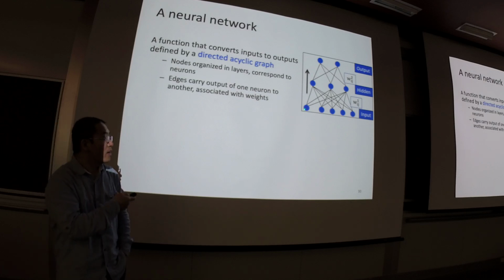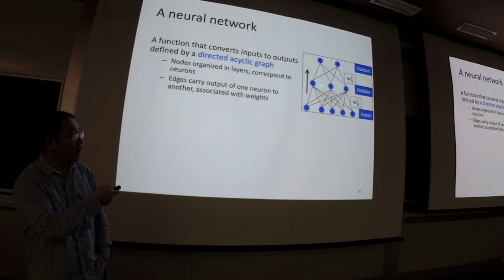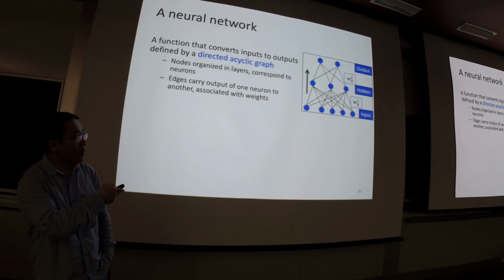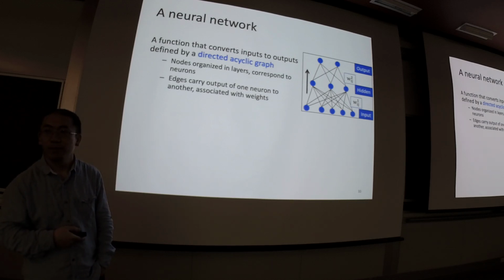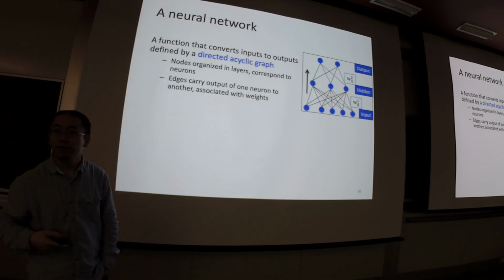Each neuron in this layer is connected to all the neurons in the bottom layer, and then the output of this neuron connects to every node in the upper layer.